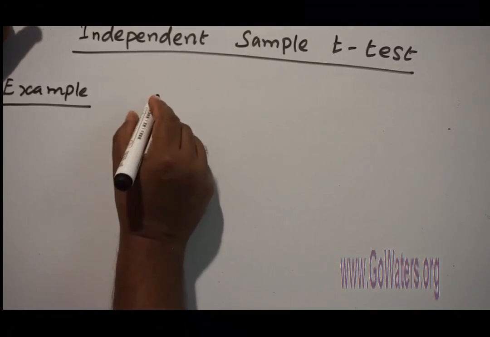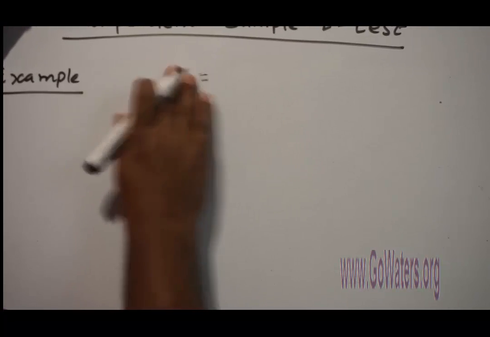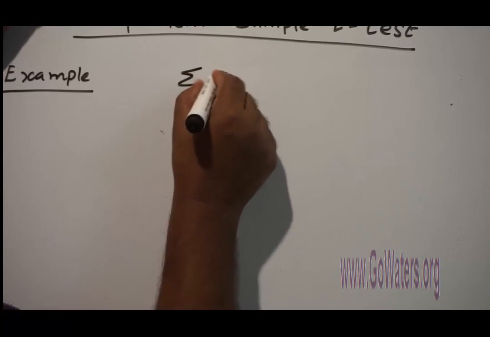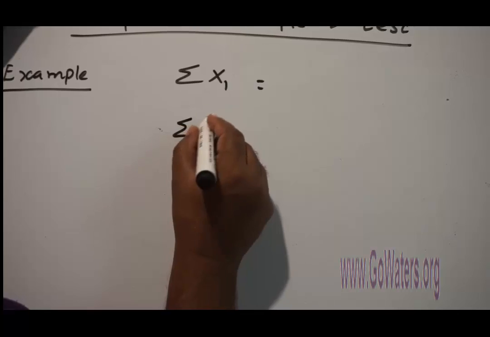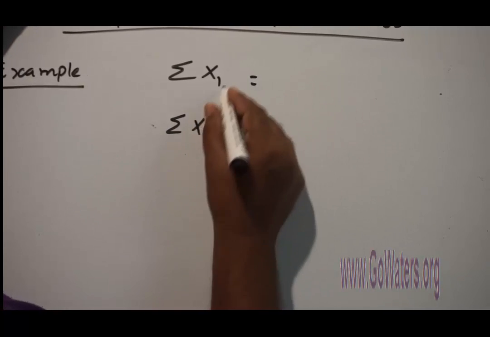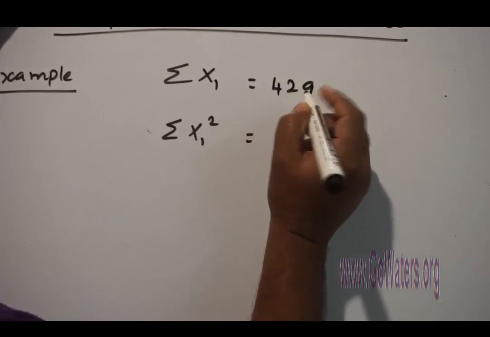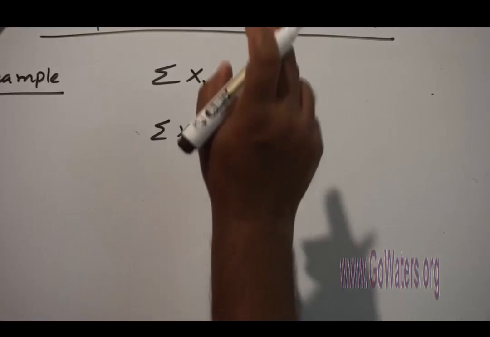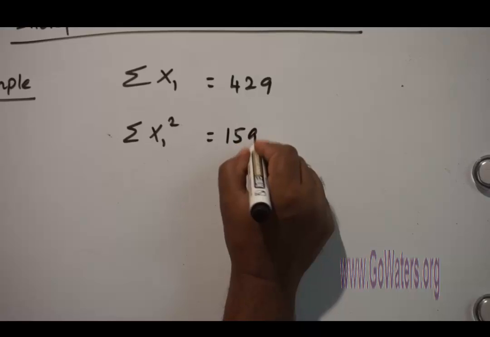First you need to calculate the summations, because you need this information: summation x1 and summation x1 square. Summation x1 is 421, and summation x1 square, that is the female population, is 15,931.